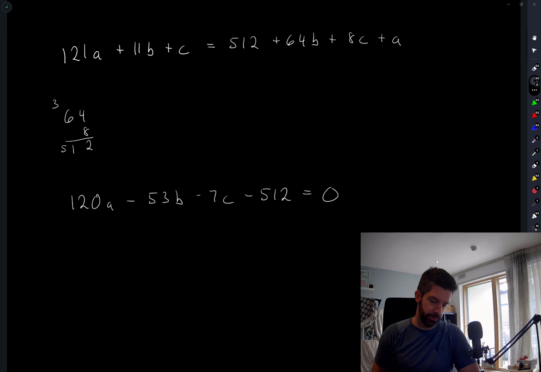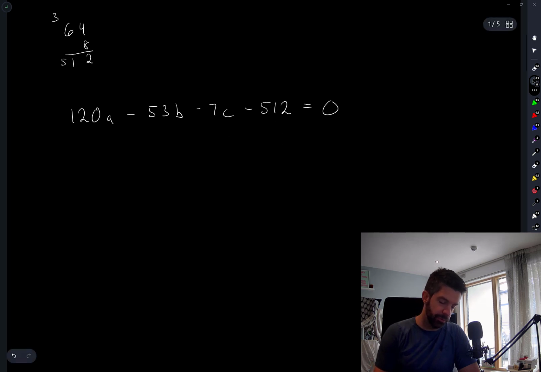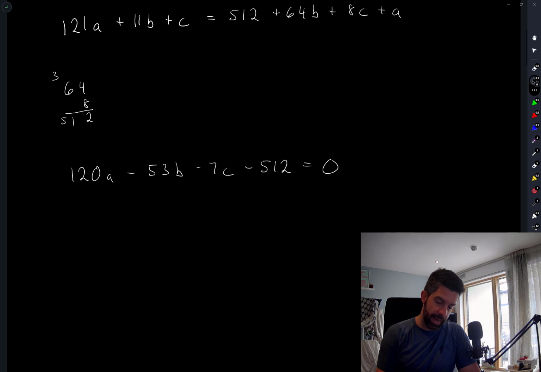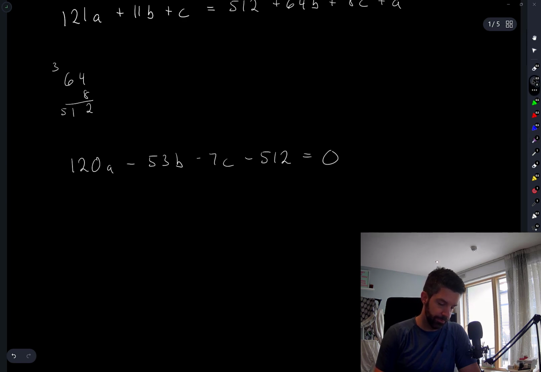Now the smallest value of n which makes this possible, I think now I might just be going for trial and error. So A has to be large enough that 120A certainly has to be greater than 512.